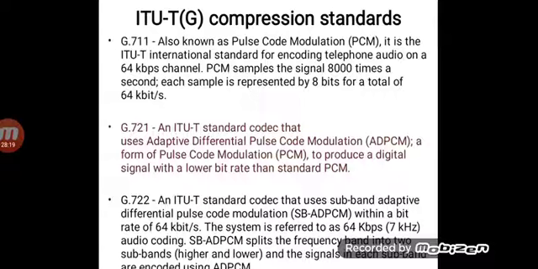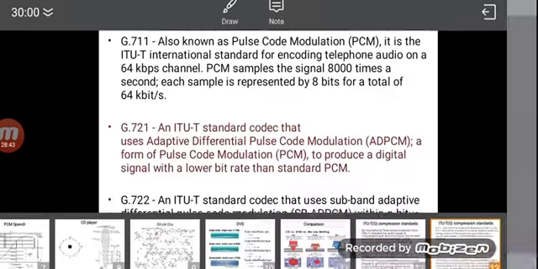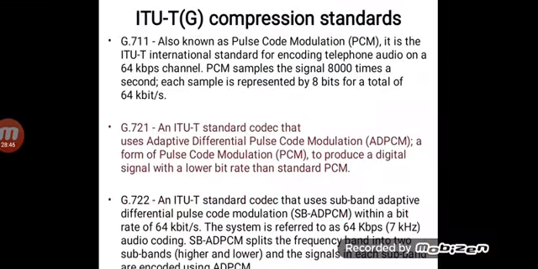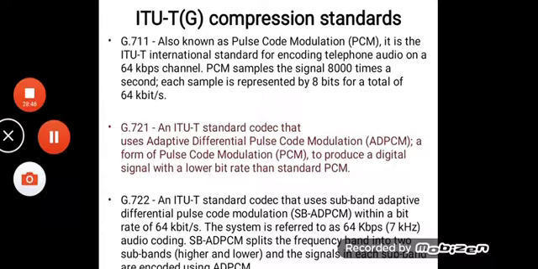With each sample represented by 8 bits, here the quantization level is decided. So with 8,000 samples in a second and 8 bits to represent one sample, we have 64 kilobits per second of data that we need to process, or we need to build a system which ensures that the processing is carried out at 64 kilobits per second. That has been suggested by the standard called G.711.